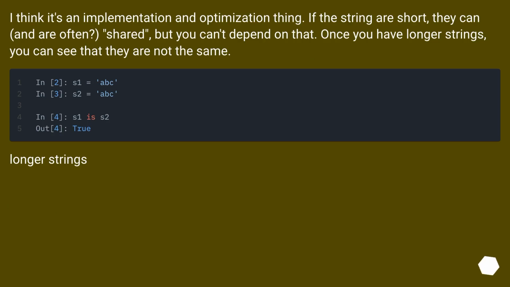I think it's an implementation and optimization thing. If the strings are short, they can, and are often, shared, but you can't depend on that. Once you have longer strings, you can see that they are not the same. Longer strings.